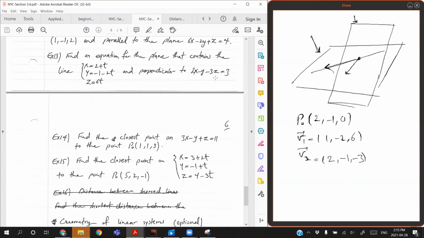I just use the formula OP is equal to OP0 plus T1 V1 plus T2 V2. So it's going to be (x, y, z) is equal to (2, -1, 0) plus T1 V1 plus T2 V2.